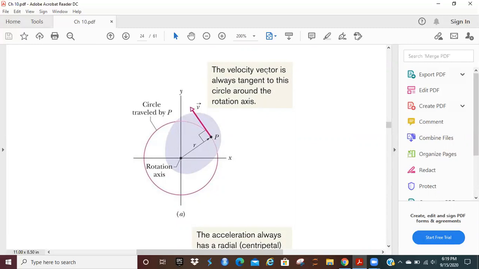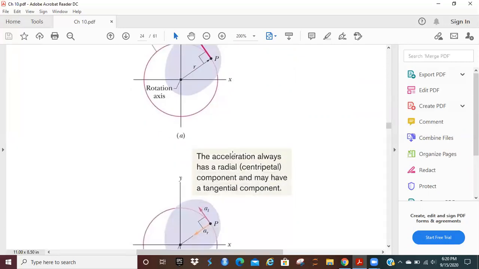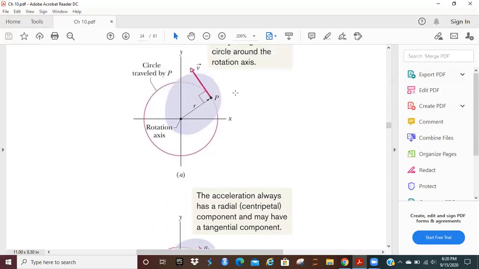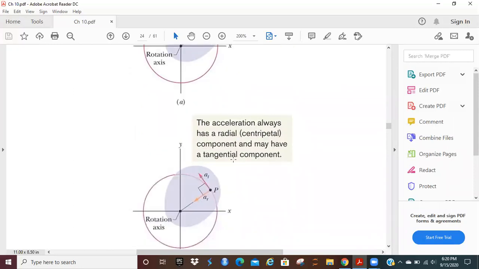So the velocity vector is always tangent to the circle around the rotation axis. And that should come as no surprise, because that's how we've looked at uniform circular motion up to this point. The acceleration always has a radial, centripetal component. That's something that we had seen before. But it might also have a tangential component as well.